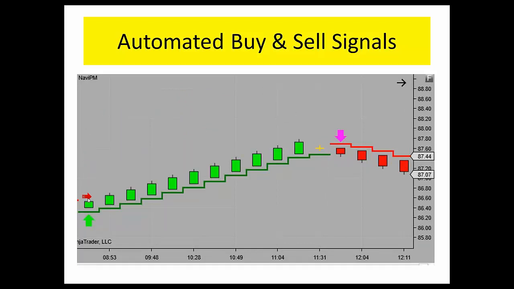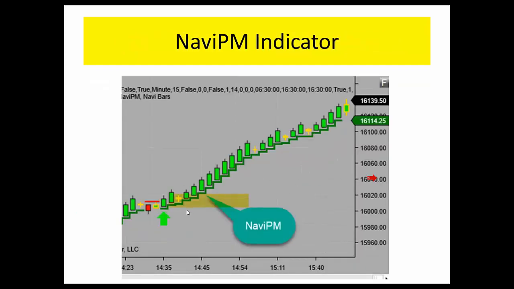All right, so again, this is the chart on crude oil. Okay, move up, I'm going to move back down. All right, so this is a chart on the NASDAQ. Here's a buy signal. Again, the green line is the Navi PM signal line.